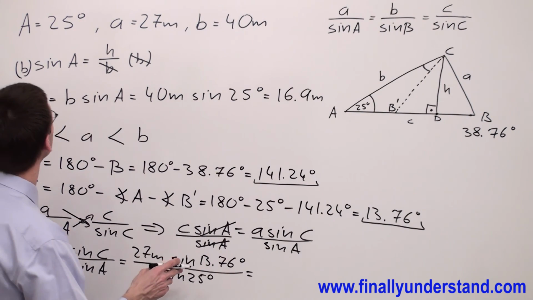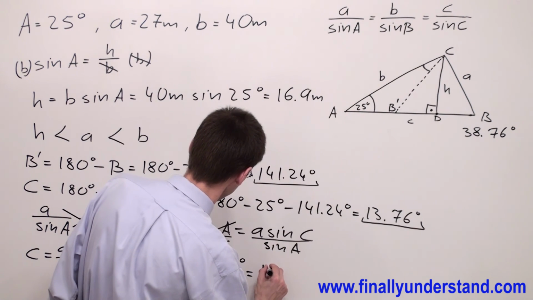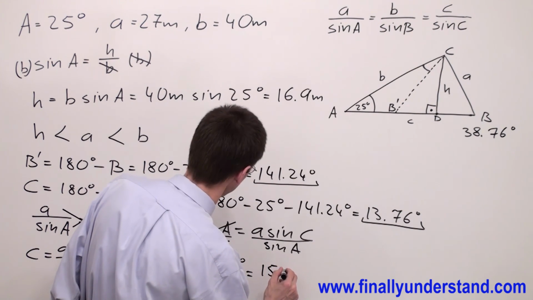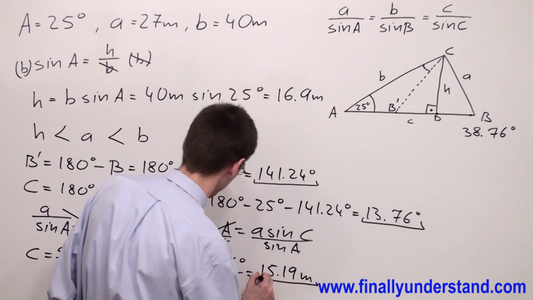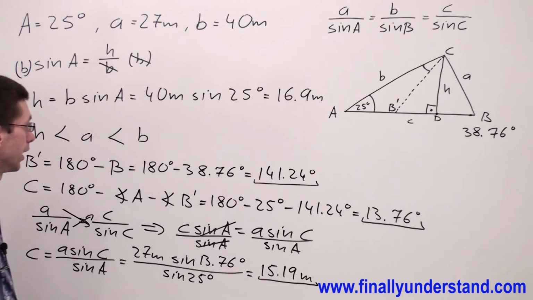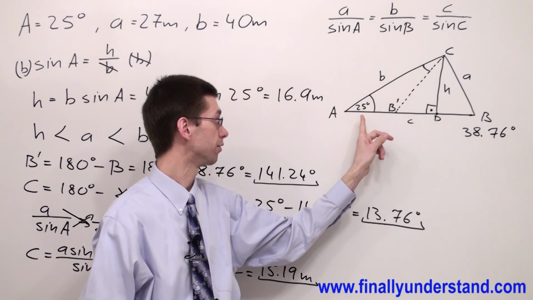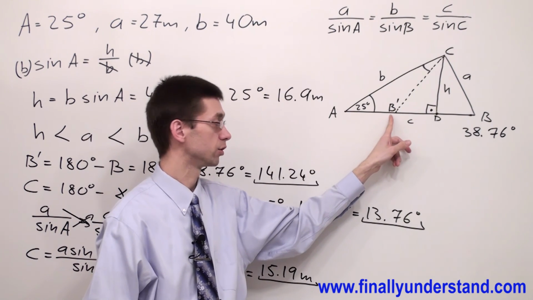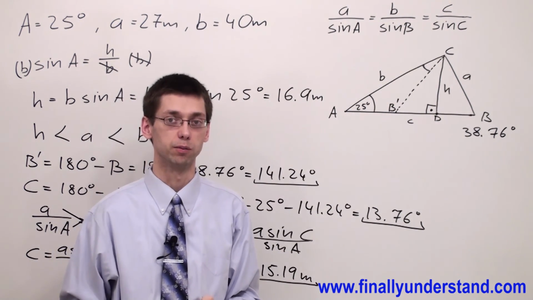So you're supposed to get the answer 15.19 meters. Please notice that we have three angles. We found angle A, angle B prime, and angle C, and we found side C. So we can say that the problem is solved.